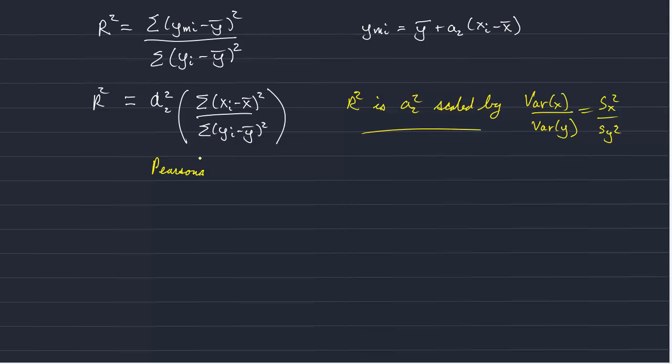So now let's look at our correlation coefficient. Recall that r was equal to the covariance of x and y divided by the standard deviation of x times the standard deviation of y.